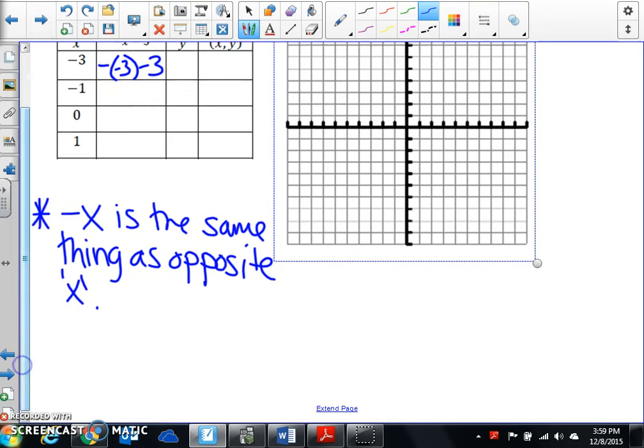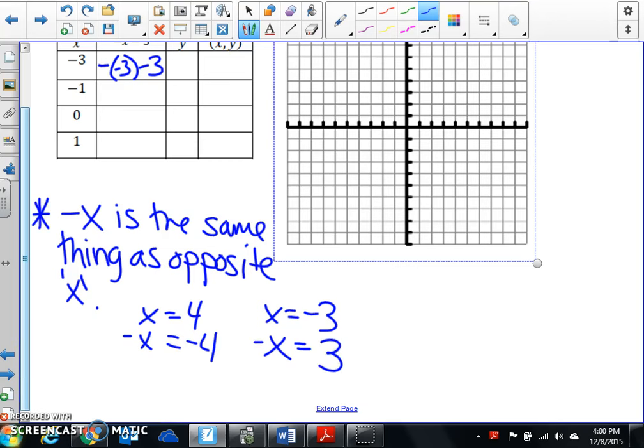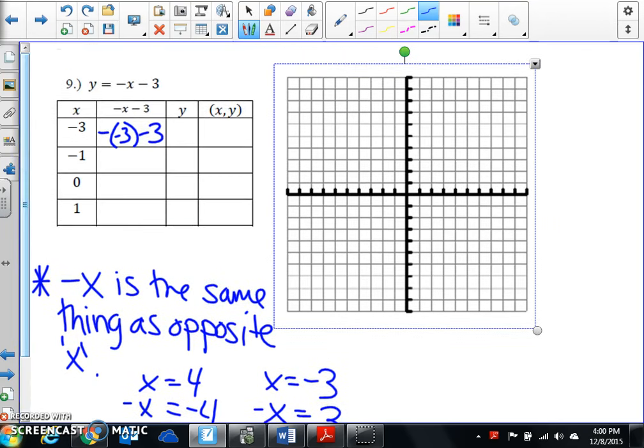For instance, if x equals 4, well, then negative x equals -4. If x equals -3, well, the opposite of -3, or negative x, would just be a +3. So if that didn't make any sense, it's okay. Just do what I'm doing up here. All right, 2 negatives is a positive. 3 minus 3 is 0.